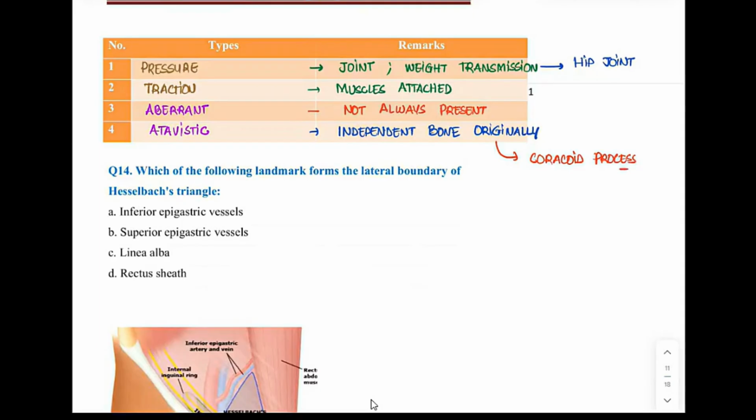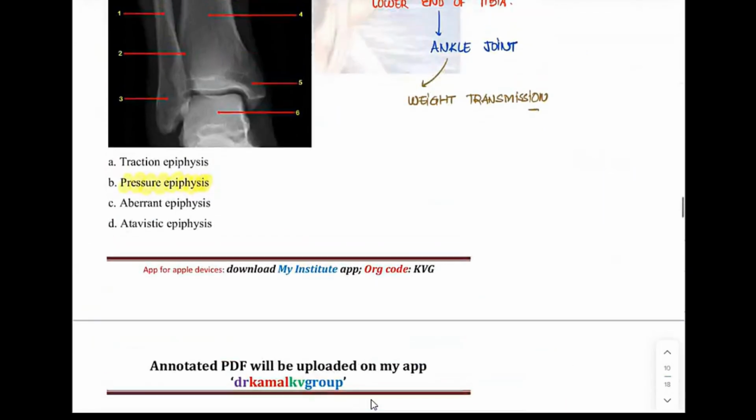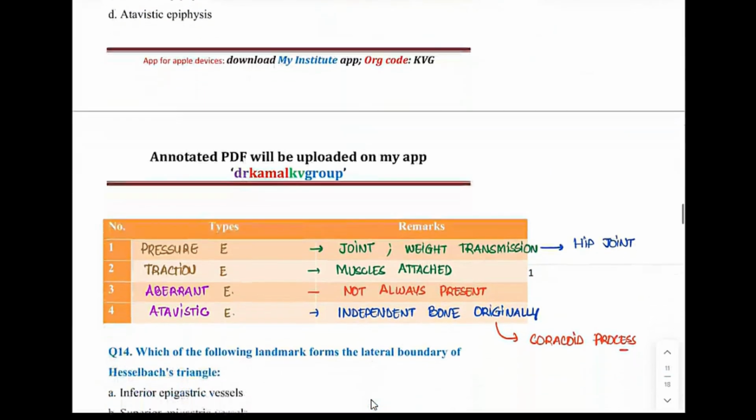So these are the four types of epiphysis: pressure, traction, aberrant, and atavistic. Okay, so just remember: if you see any epiphysis which is participating in joint formation and weight transmission, the answer has to be pressure epiphysis.